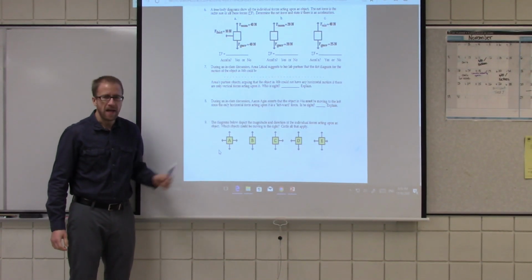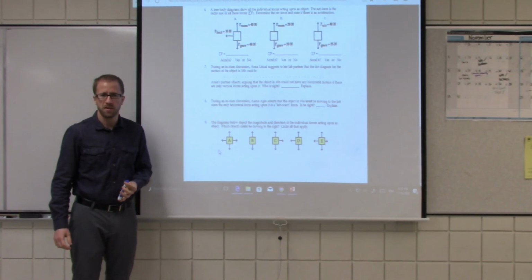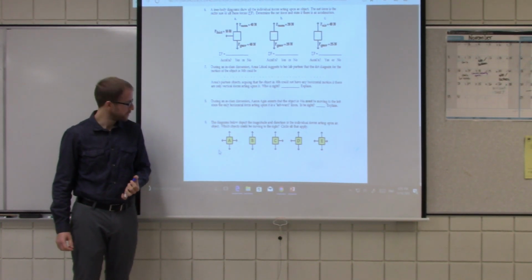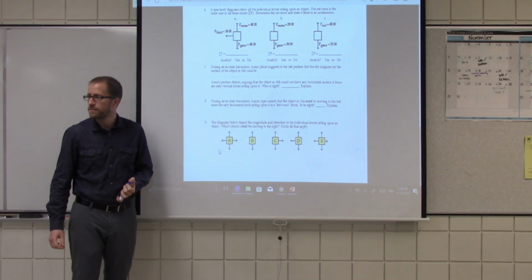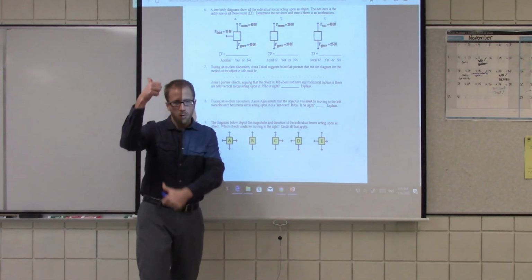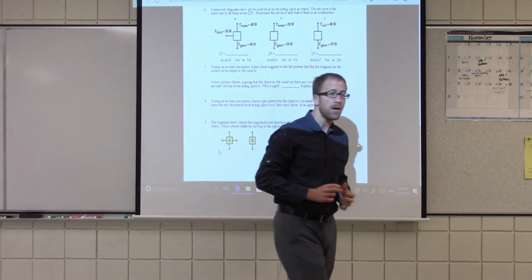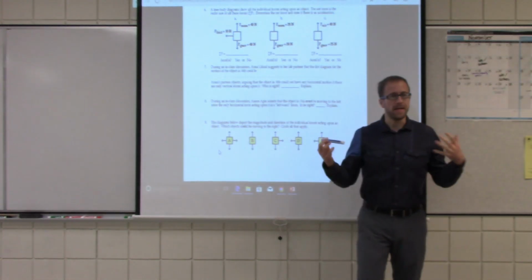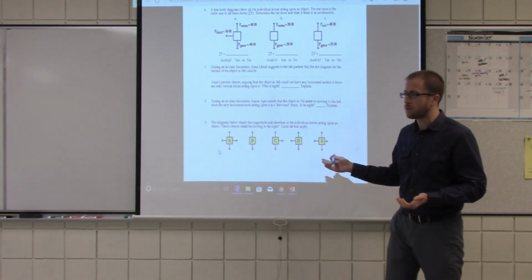This one here, is there any unbalanced force? For A. What do you think? Are all the arrows equal and opposite? They are, right? So all of the arrows here are equal and opposite, therefore there is no net force, there is no acceleration.